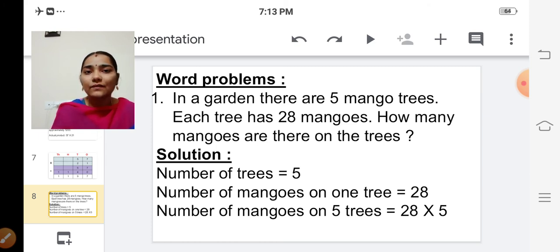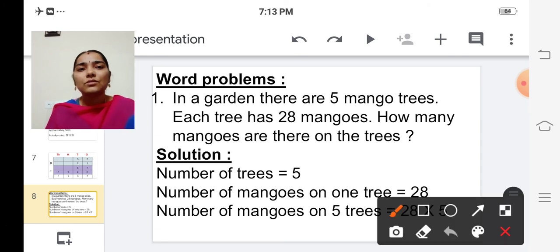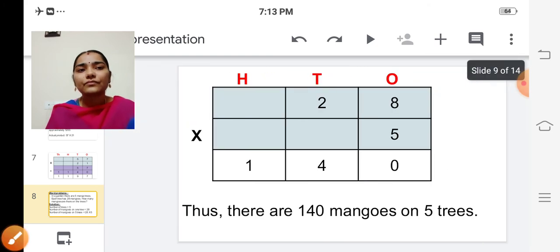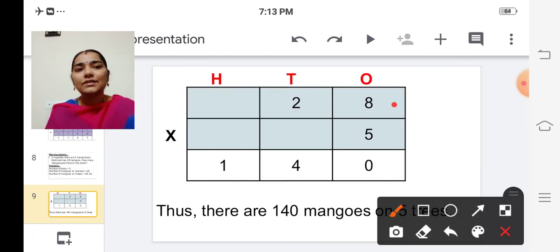So for that, what do we have to do? We have to multiply this 28 and 5. So number of mangoes on 5 trees is equal to 28 into 5.